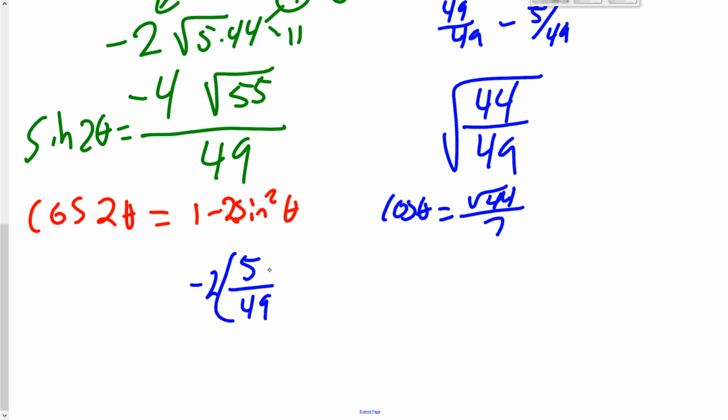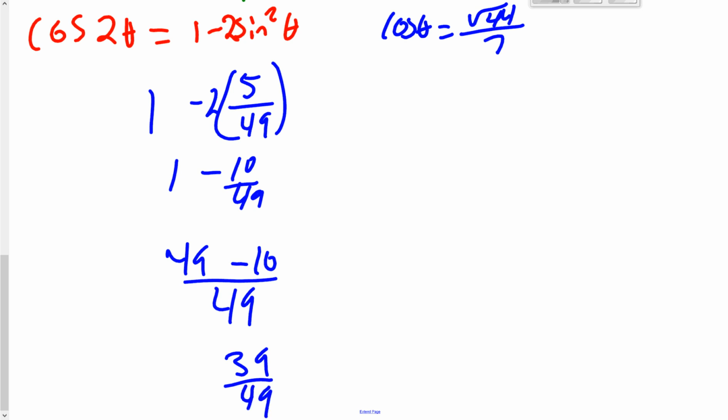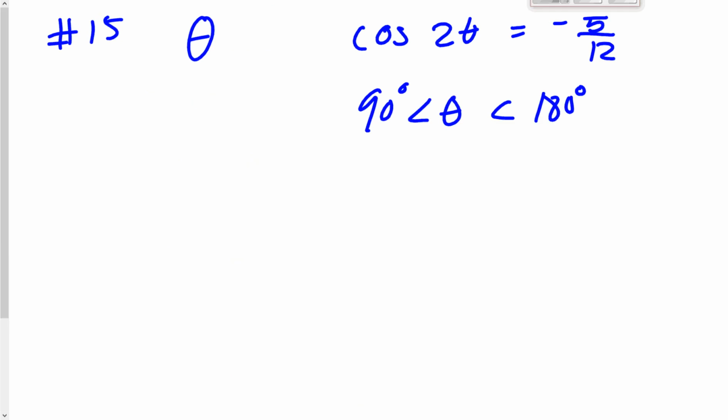And now we got to times that by -2, and then we take 1 and subtract that. Right, so that's 1 minus 10/49. So that is 49 minus 10 all over that common denominator, which is 39/49. And that is cosine of 2 theta. Because this one we don't have the square root, right? That's our double angle of cosine. Okay, and so that's what it asked for. So there we have our answers.